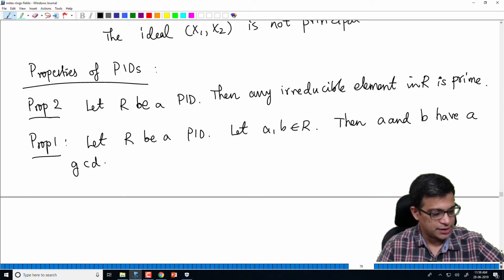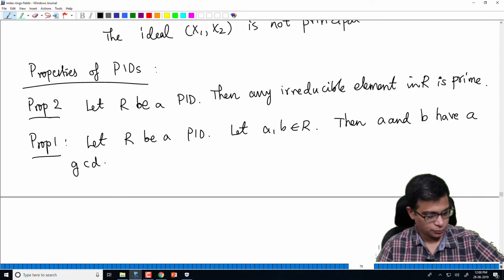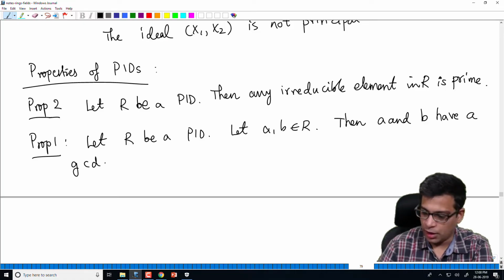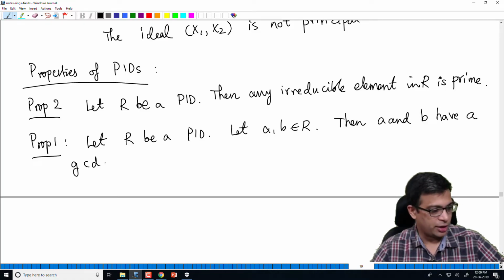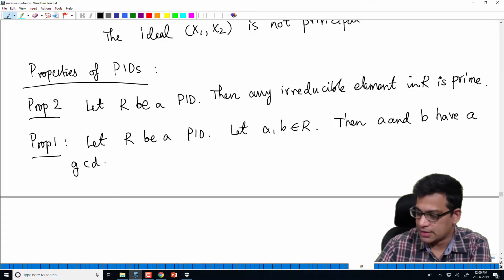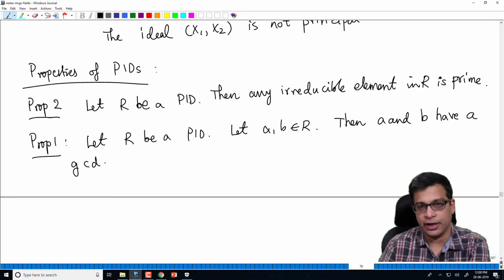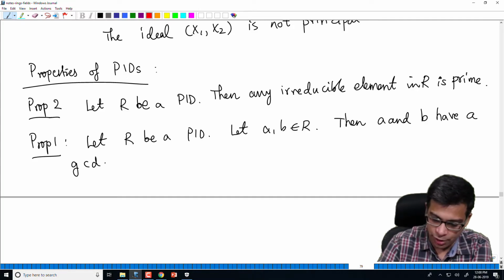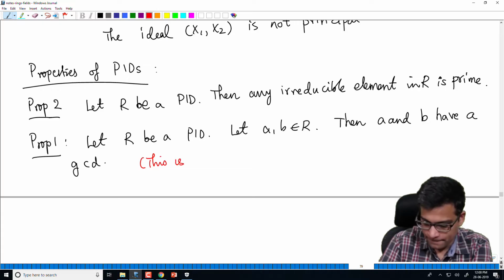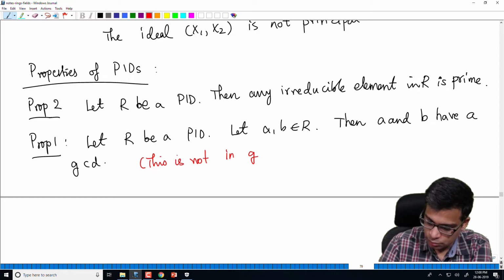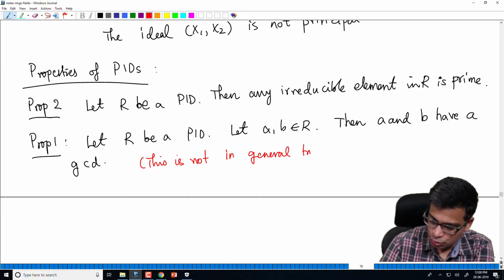So why is this? I want to say that if you have two elements, then GCD always exists. As I have again indicated in the same example, R equal to Z adjoin square root of minus 5, this is not true in general.